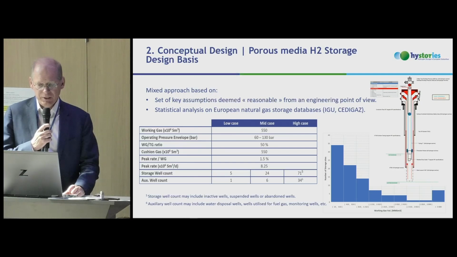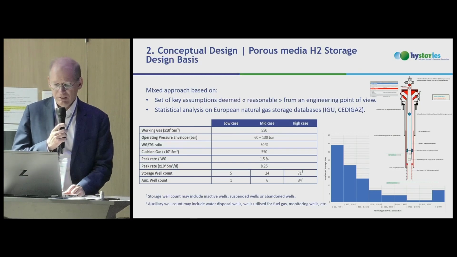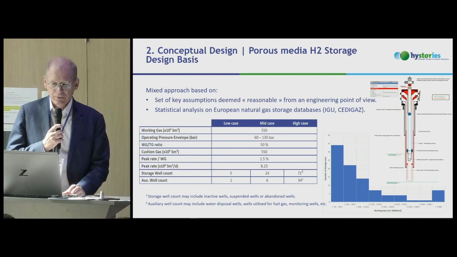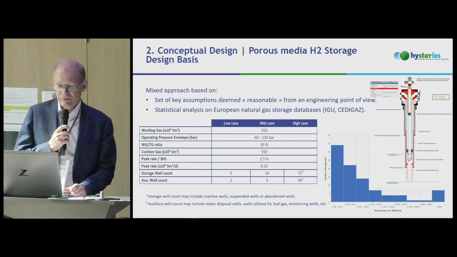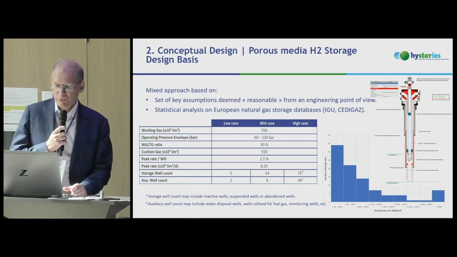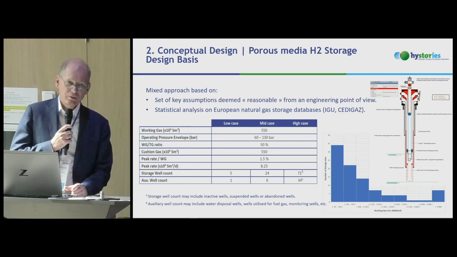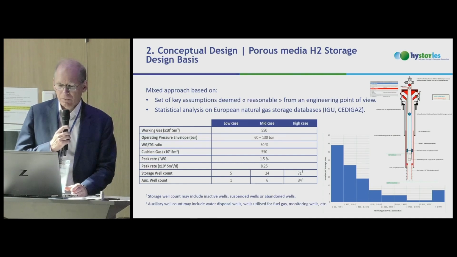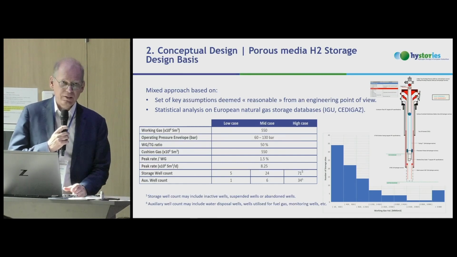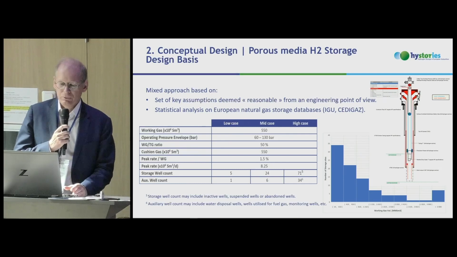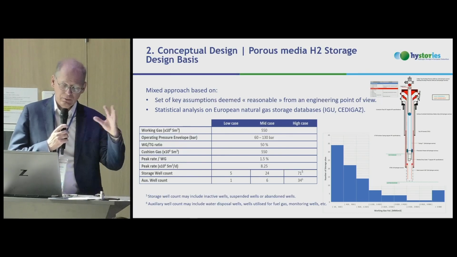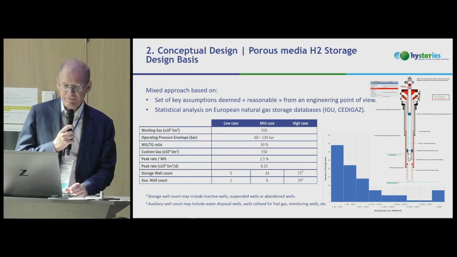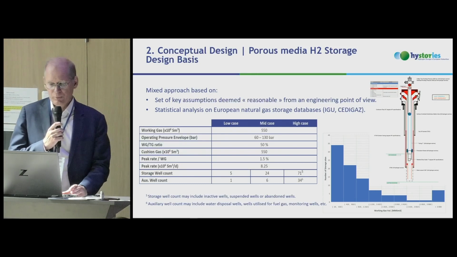Now, for the porous media design basis, we used, of course, a set of key assumptions that we considered reasonable from an engineering point of view, and we also based our design on statistical analysis that we could find from the IGU or CDGAS database, and that's why we proposed a global working gas of 550 million standard cubic meters.